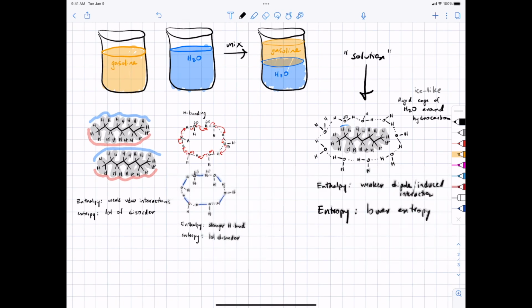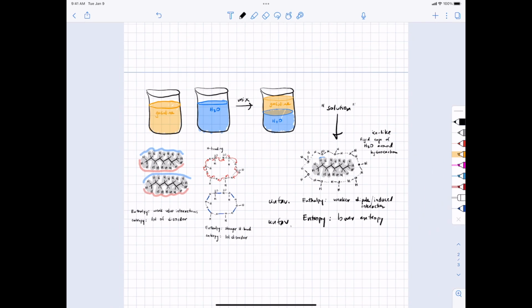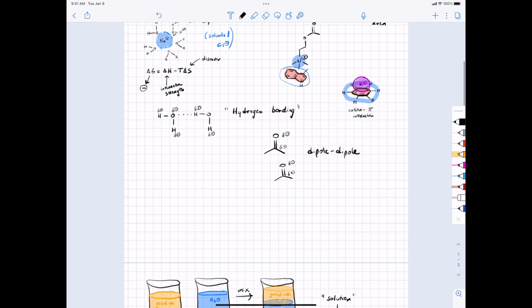Okay? And what this means, if we were to make this solution and we got weaker dipole-induced dipole interactions, the enthalpy is going to be unfavorable. The enthalpy change for dissolving would be unfavorable. And the entropy change would also be unfavorable. Okay, now go back to what I told you about things that happen easily or readily or spontaneously.